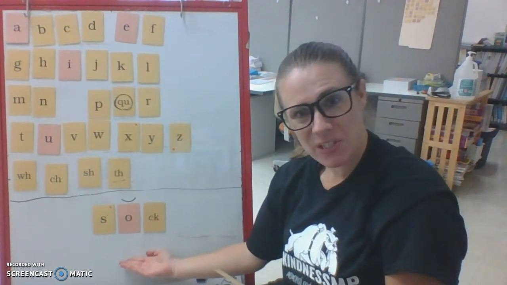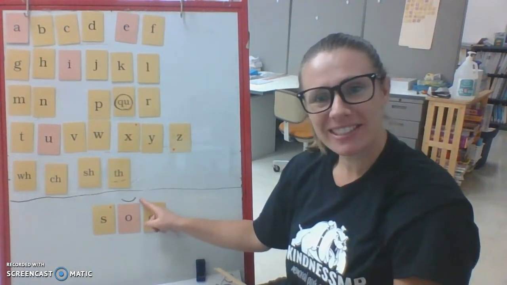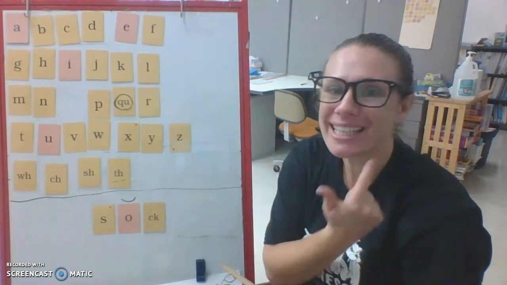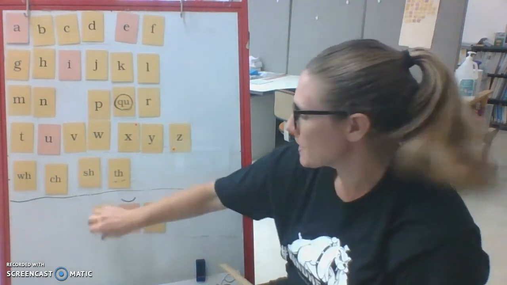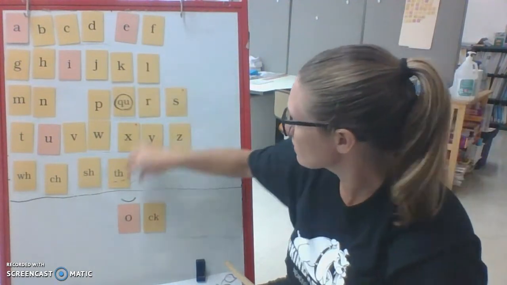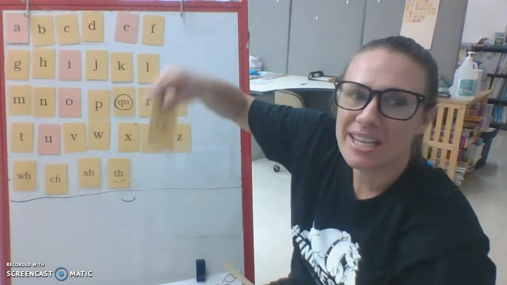Check yours to mine. How did you do? What's this thingy called? A breve. Make it with your fingers, like a smile. Everybody smile and make a breve with your mouth. It's a short vowel sound. Okay, let's spell our boards away. S, O, C-K.